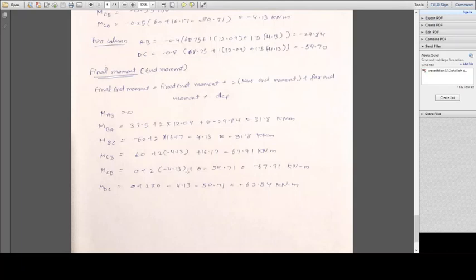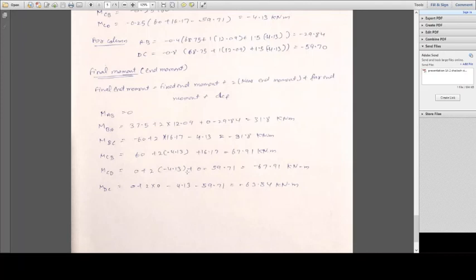The value for fixed end moment of MAB comes out to 0. MBA is equal to 37.5, that is the fixed end moment, plus 2 into the near end moment 12.09, plus far end moment equal to 0, and the displacement factor is minus 29.84, and the value of MBA comes out to be 31.8 kN/meter.